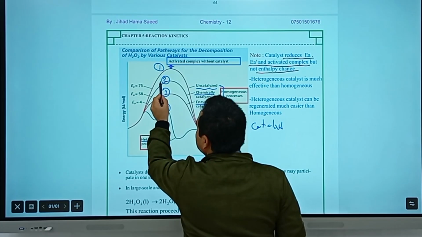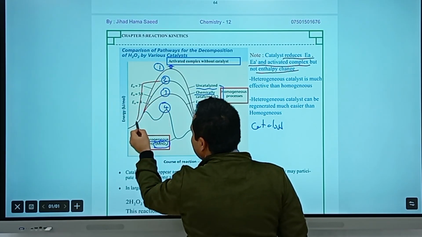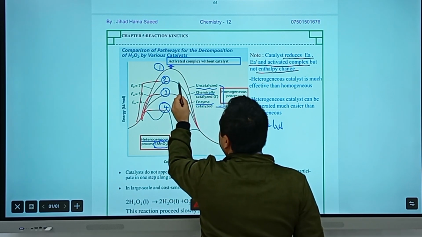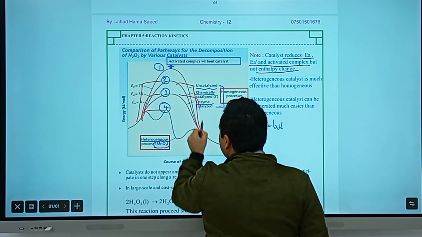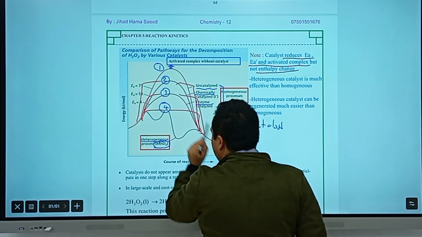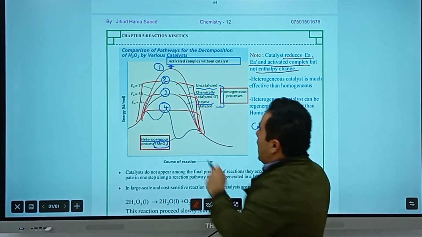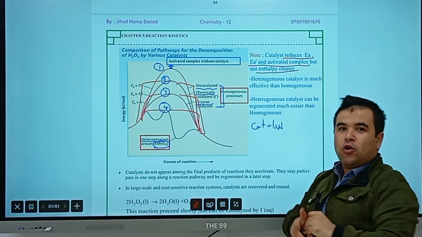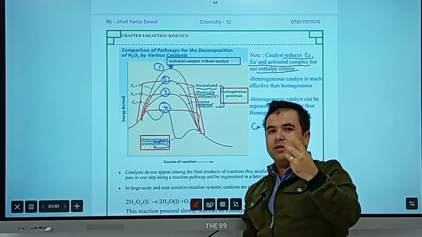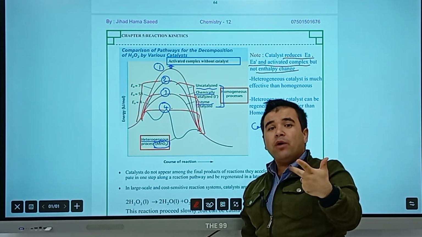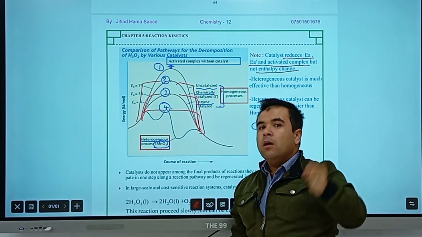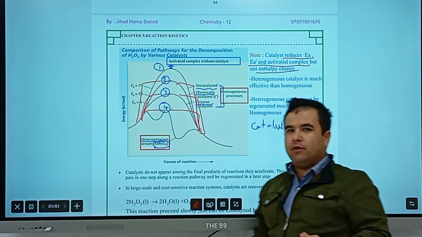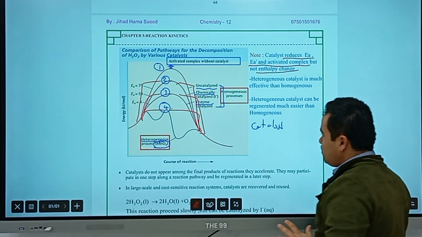So what happens to the EA as we add the catalyst into the system, or EA prime as well, and AC? Reduces. So a catalyst reduces three quantities: EA, EA prime, and the activated complex, but does not change the delta E or delta H of the reaction, guys.